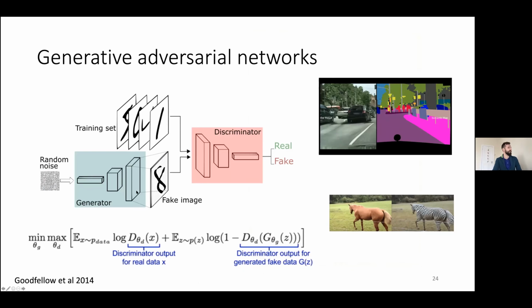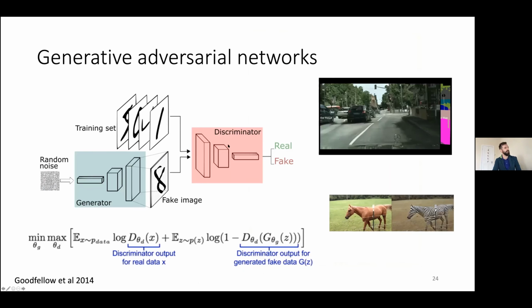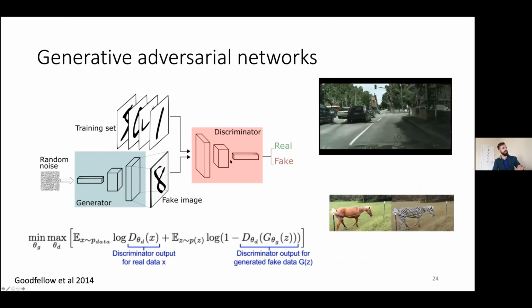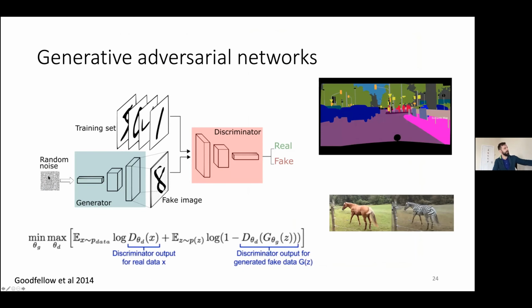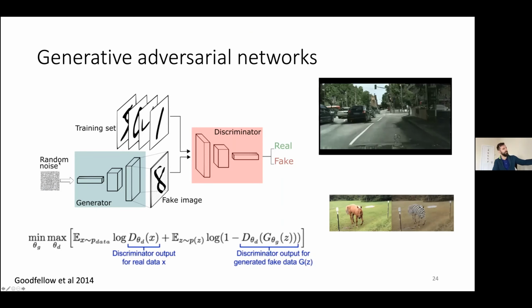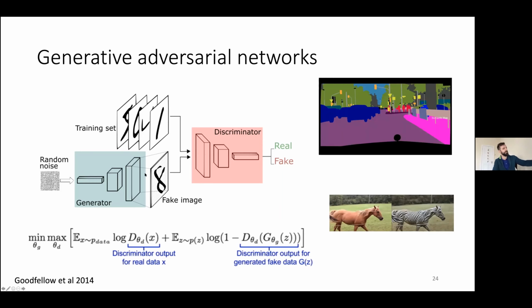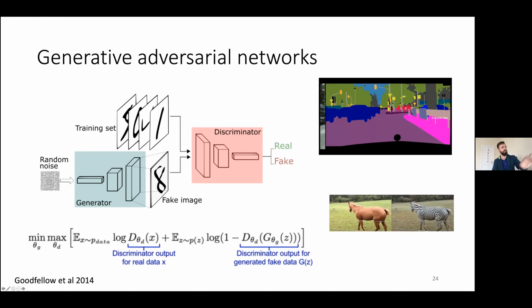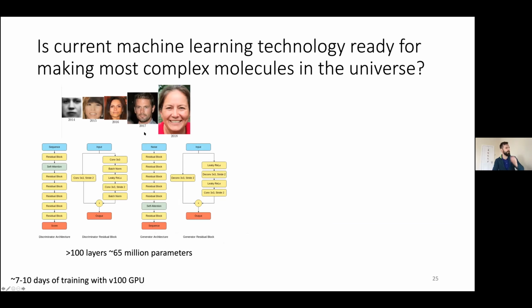The generator tries to make fake images that look like the images from the training set, until the point where the discriminator cannot discriminate them. At this point you can use random vectors to map random numbers to actual samples from this distribution, and you can do quite cool things with this. We did the same thing for proteins.